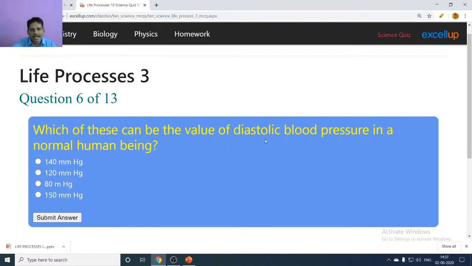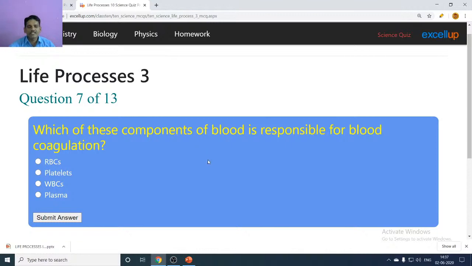So here the diastolic pressure is 80. Next, which component of blood is responsible for blood coagulation, meaning clotting of blood? Platelets.